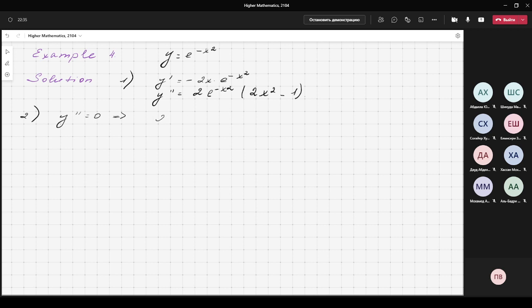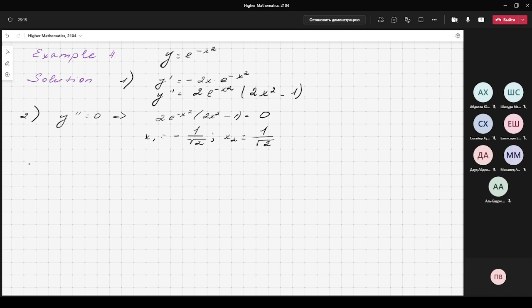We have 2 times e to the power of minus x squared times (2x squared minus 1) equals 0. From this, x first equals minus 1 over square root of 2 and x second equals 1 over square root of 2.